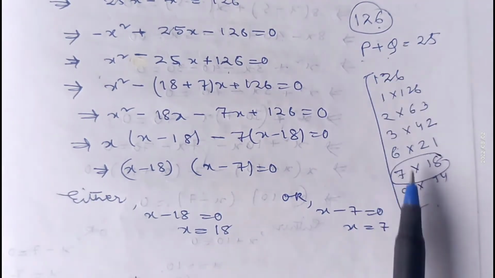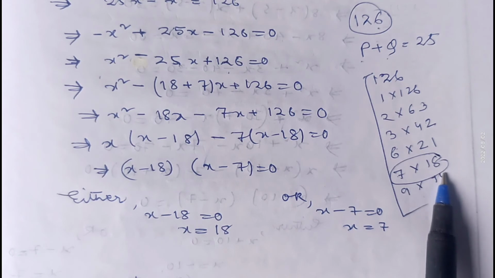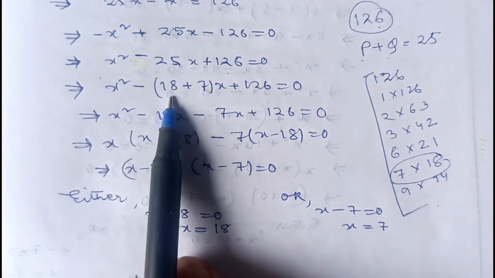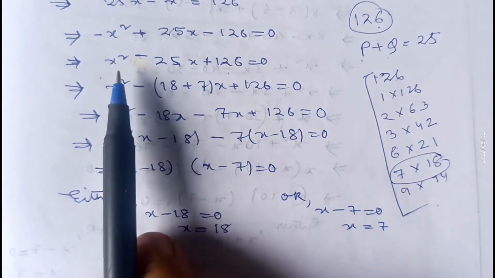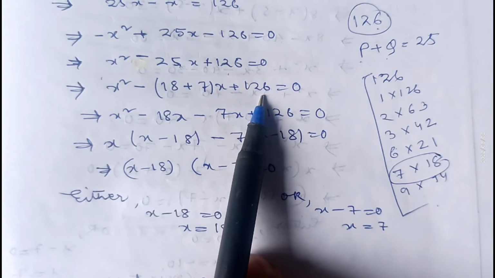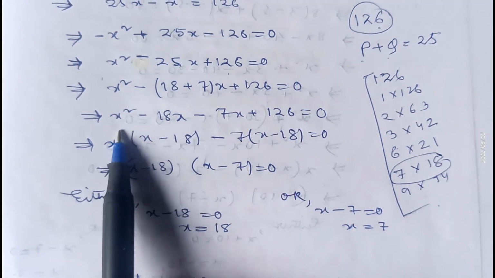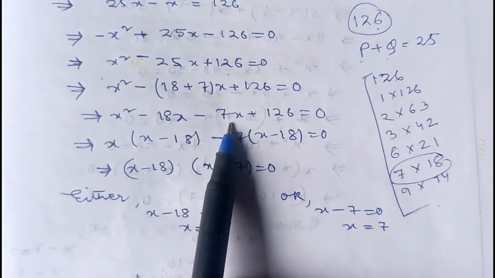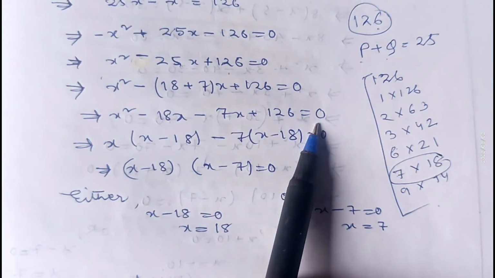Out of these options, if I consider 7 and 18, then 7 plus 18 will be 25. So instead of 25, we are going to consider 18 and 7. So x square minus 18x minus 7x plus 126 equals 0.